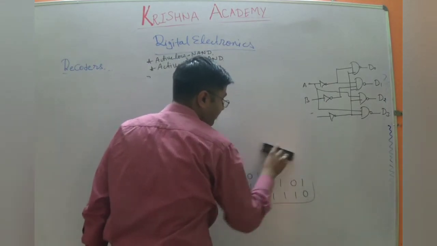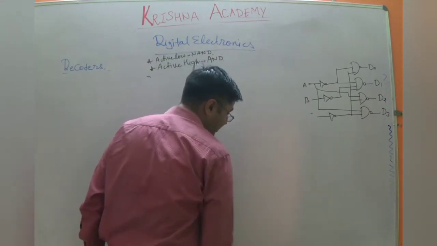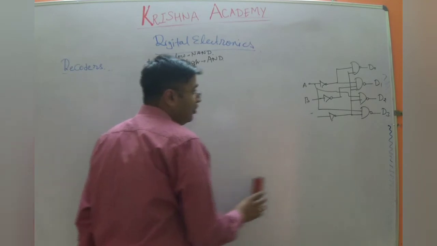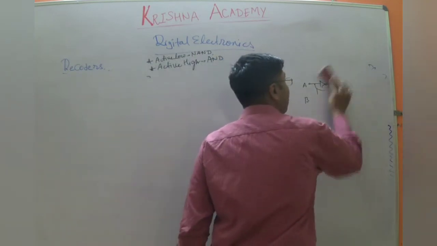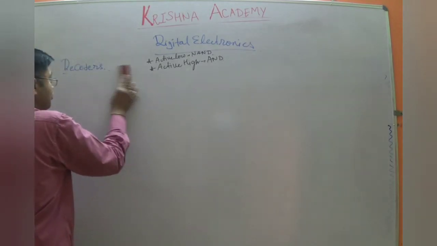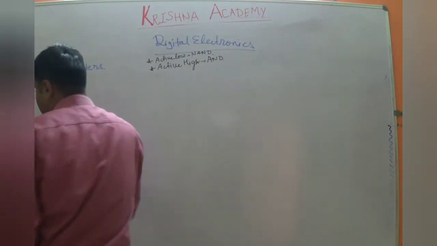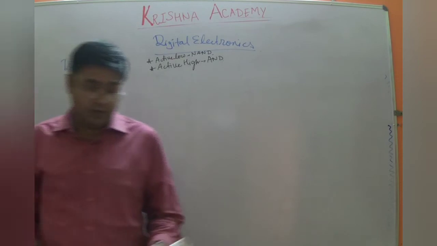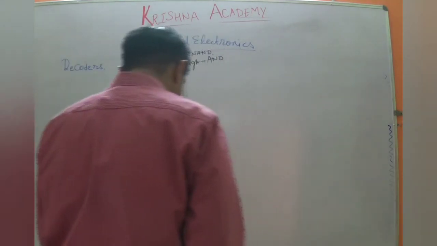But in the normal circuit, like we drew earlier, we use AND gates, and active high is used.